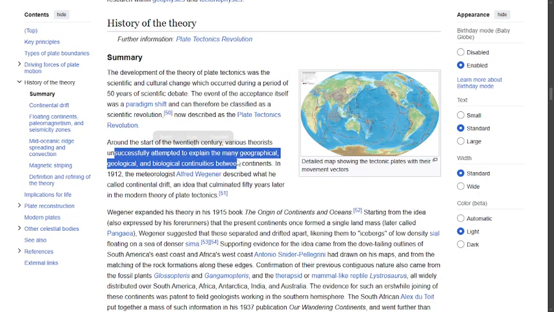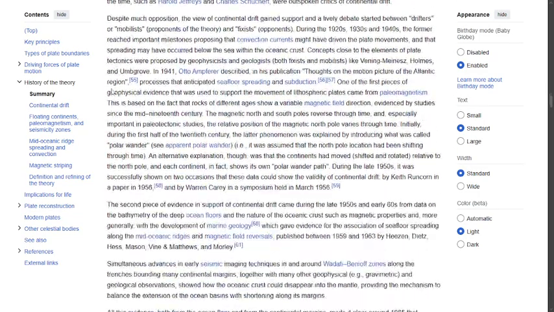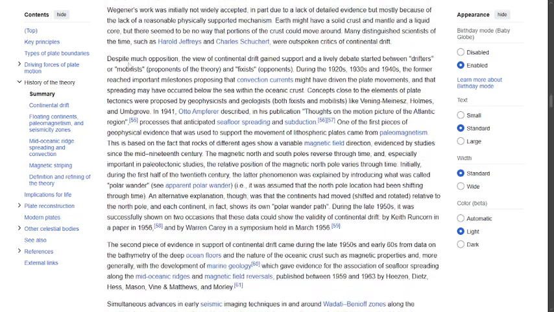So unsuccessfully, I think. No, we'd already read this. Despite opposition during the 1920s, 30s, and 40s, the former reached important milestones proposing that... Okay, wait. Despite much opposition, the view of continental drift gained support and a lively debate between the drifters and the mobilists.